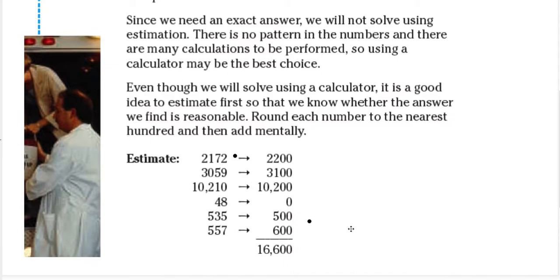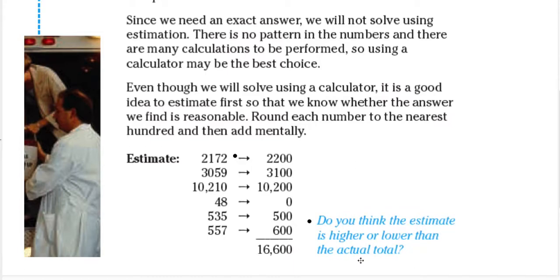Okay, 16,600. Now a good question would be, do you think the estimate is higher or lower than the actual? If you look at these numbers, this was rounded up, this was rounded up, this was rounded down, rounded down, and rounded up.